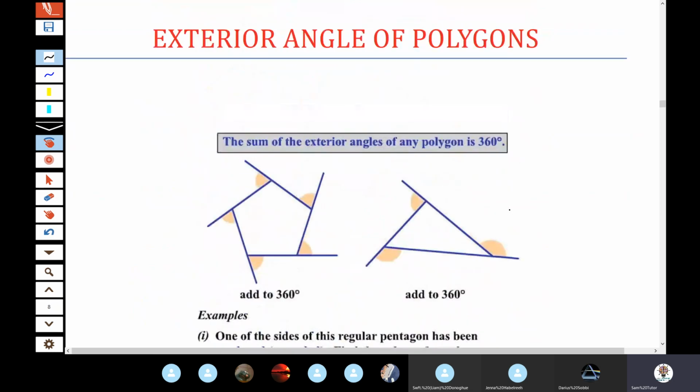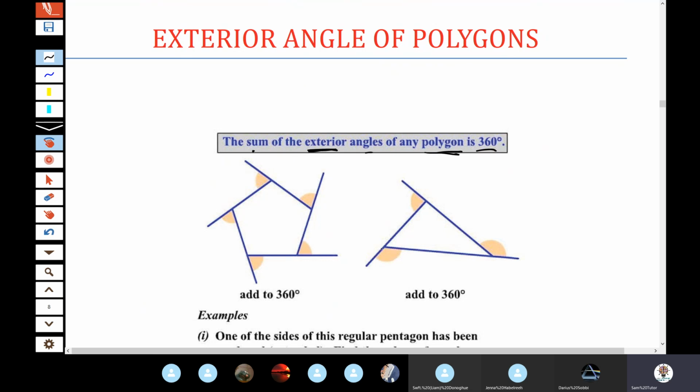Exterior angles of polygons. All right. Next heading. Exterior angles of polygons. A polygon is any shape that has sides greater than 2. So 3 sides and more. 4 sides, 5 sides, 6 sides, 7 sides. That's what a polygon is. And the idea is that the sum of all the outside angles for any of the shapes is 360.